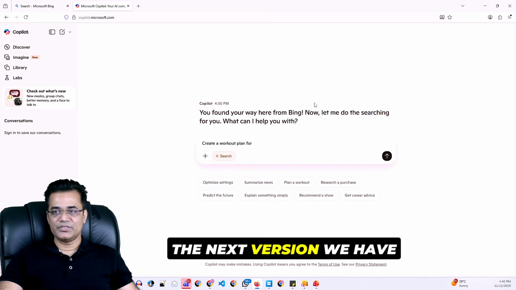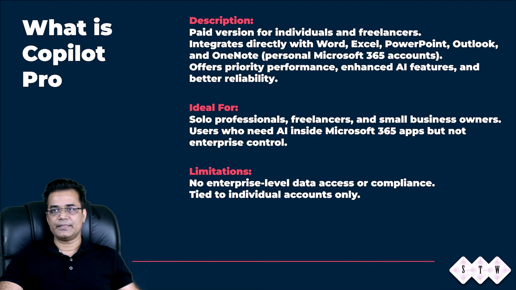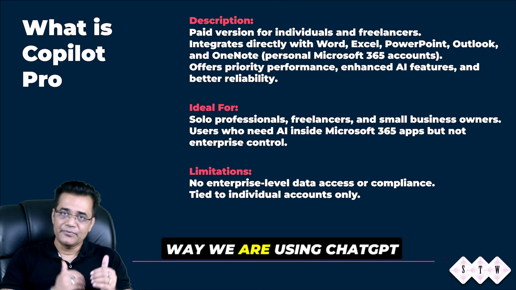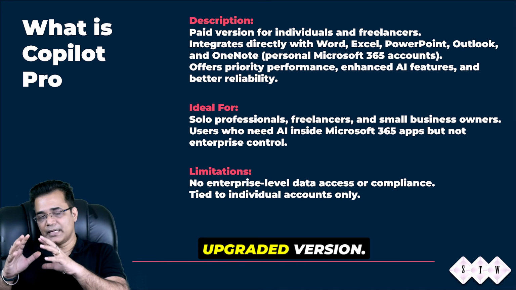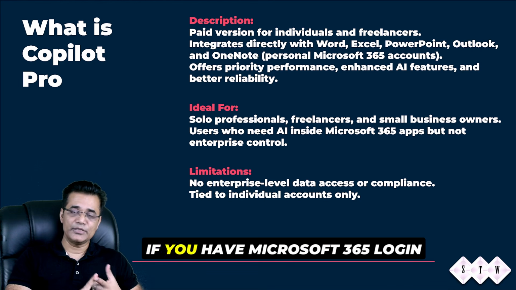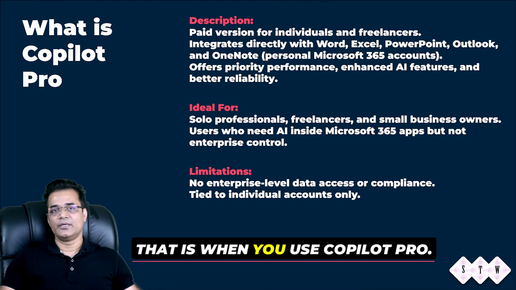The next version we have is the Pro version of Copilot, which is designed the way we use the upgraded version of ChatGPT. Similarly you can upgrade Copilot, and especially if you have a Microsoft 365 login, that is when you use Copilot Pro.